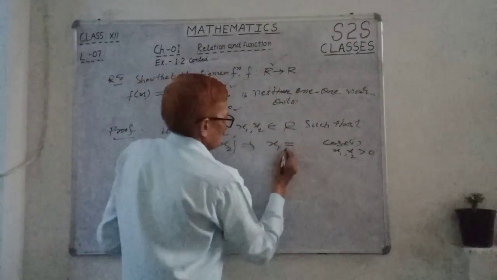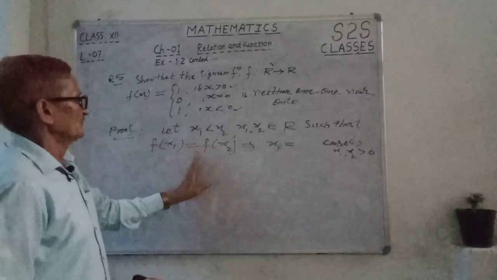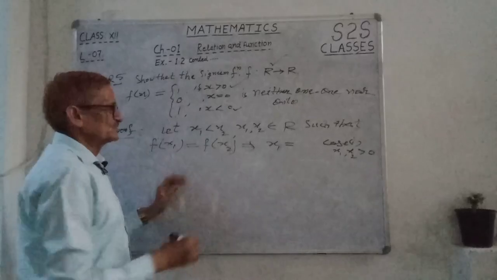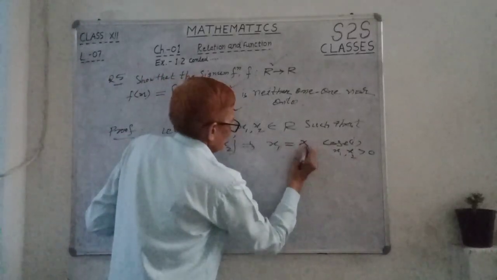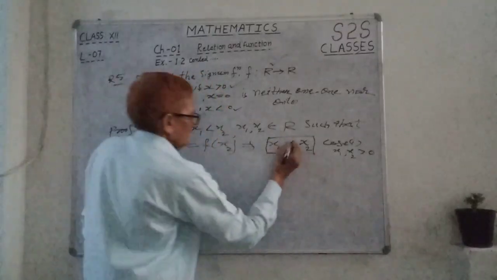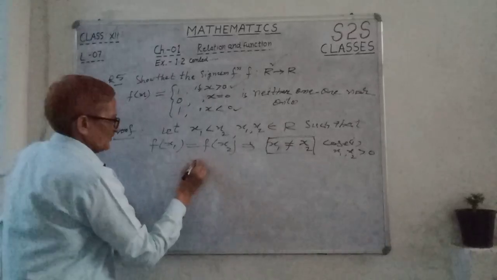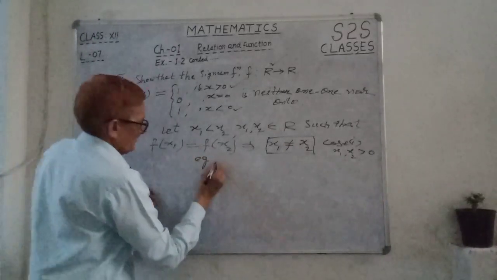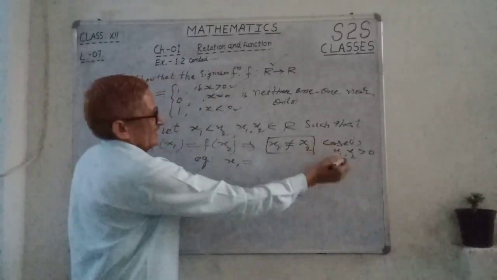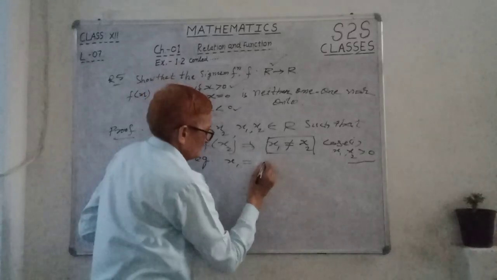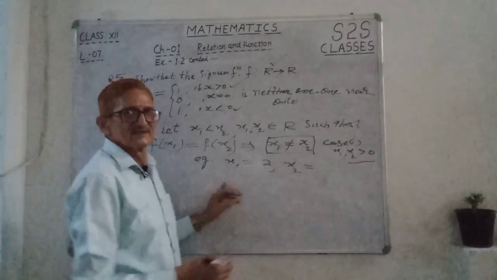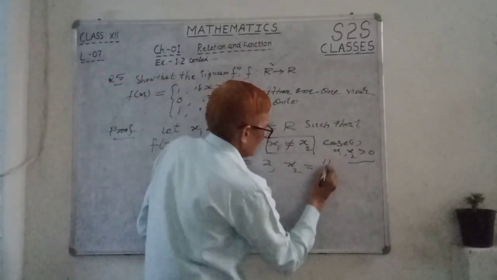Both are different, both greater than 0, so the output will be 1, the output will be the same for x1 and x2. But x1 equal to x2 will not happen. Because for example, x1 taken as 2, and x2 taken as any number greater than 2, 3, 4, and I have taken 11/2.